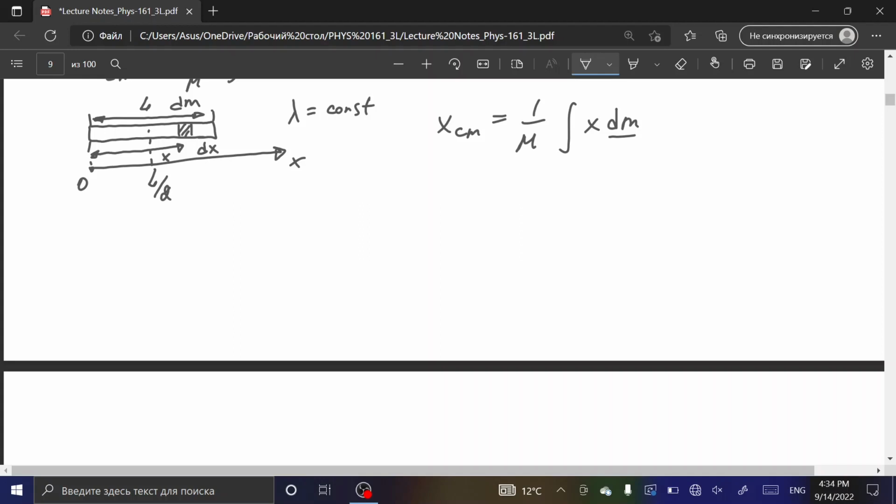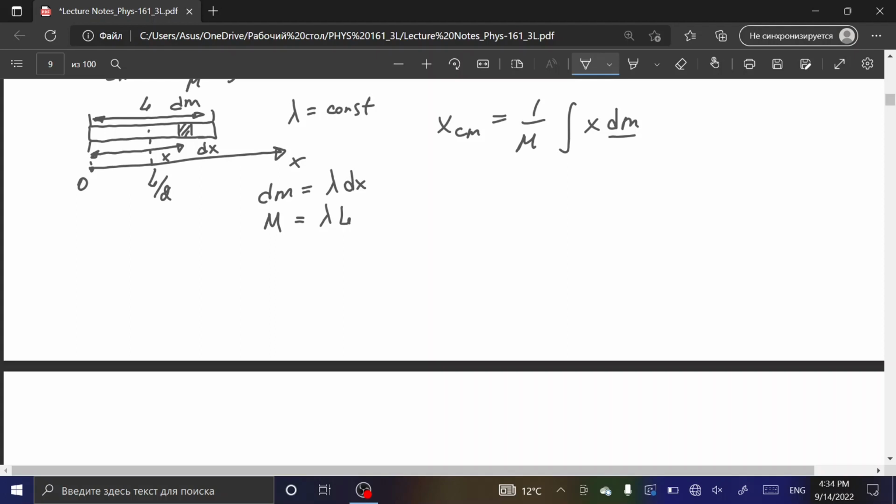So dm we can represent as the length of the segment times linear density. So dm will be equal to lambda times dx. Following this, we can also write that the total mass of the rod, capital M, will be equal to lambda times L, which is the length of the rod.